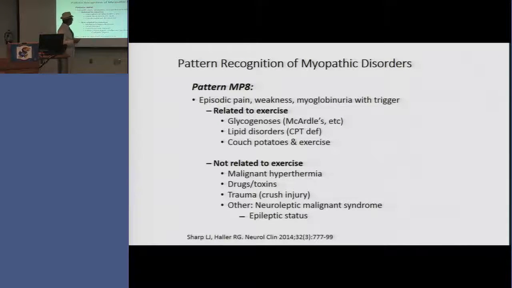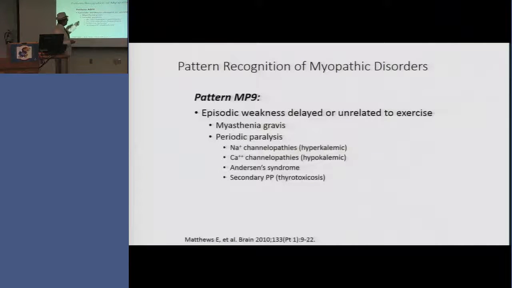Some folks just have what I call the couch potato syndrome with exercise. They don't have a metabolic underlying disorder. Some percentage of the population just cannot tolerate vigorous exercise, and they will get pattern 8. Other triggers that are not related to exercise can occur in malignant hyperthermia with anesthetics or certain drugs or toxins or crush injuries.